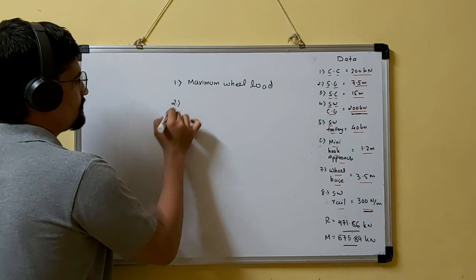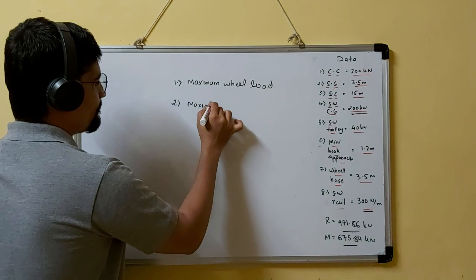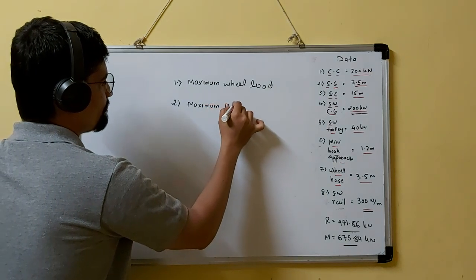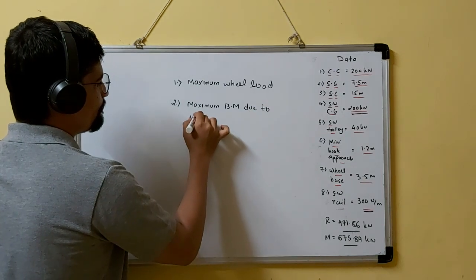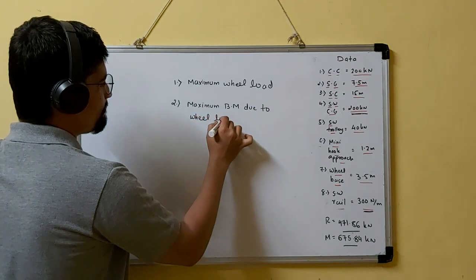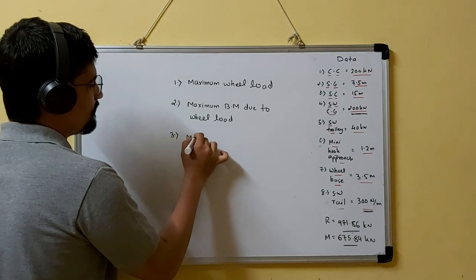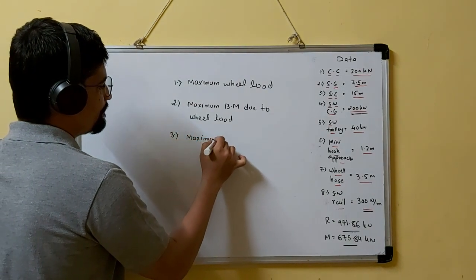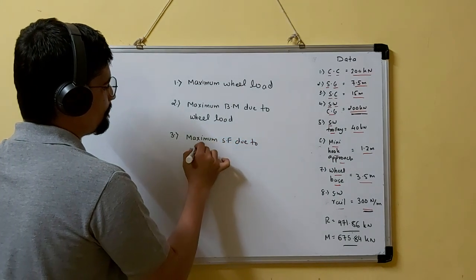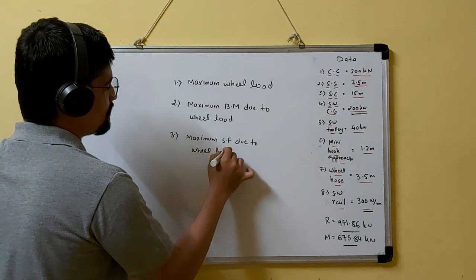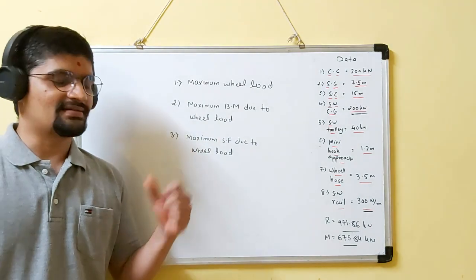Second one, maximum bending moment due to wheel load. Third one, maximum shear force due to wheel load. These three steps we have studied in a previous lecture.